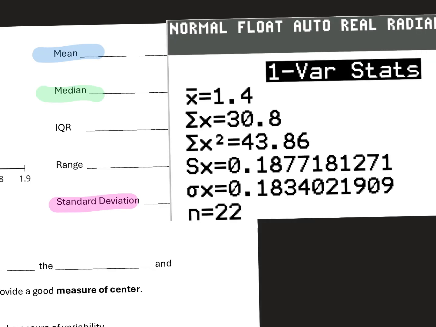So this is the output that I got from my graphing calculator. And remember that this symbol, the x with the line over it, is your mean. So that's going to be 1.4. I'm going to skip down because in the same part of the window is your standard deviation. I'm just going to round my standard deviation to the first two decimal places.